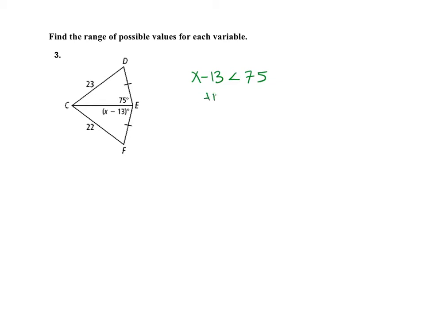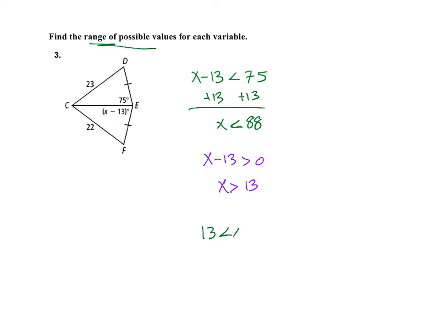So I'm going to add 13 on both sides. So that means that x has to be less than 88. But we also know that my angle has to be greater than 0, so x has to be greater than 13. So the range of possible values is that x is going to be between 13 and 88. That's my range.